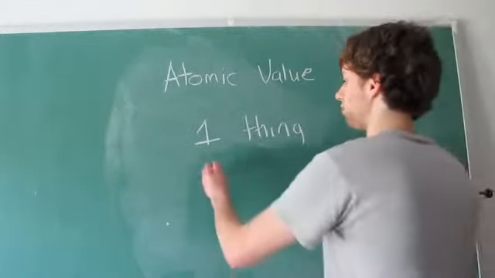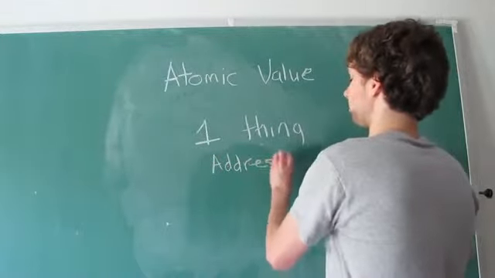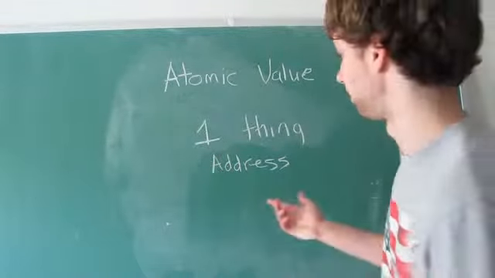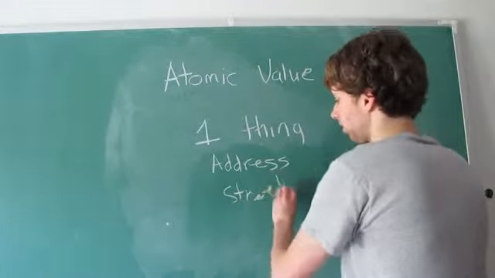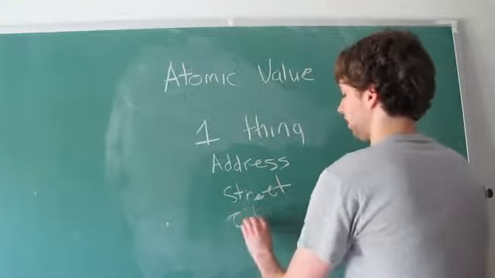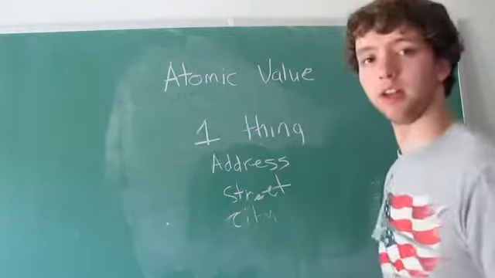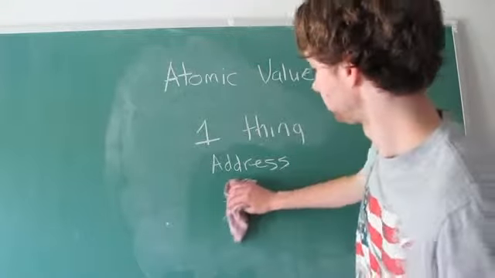When it comes to addresses, well, an address consists of multiple parts. We have a street address. We have a city, and then we have a state. We have an area code, or zip code, I mean.